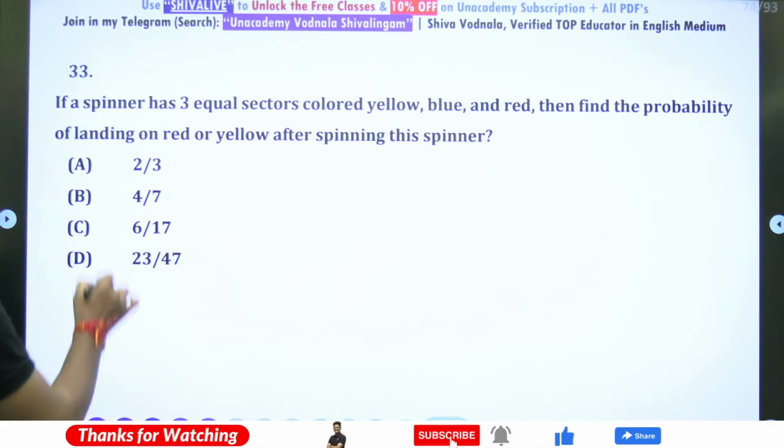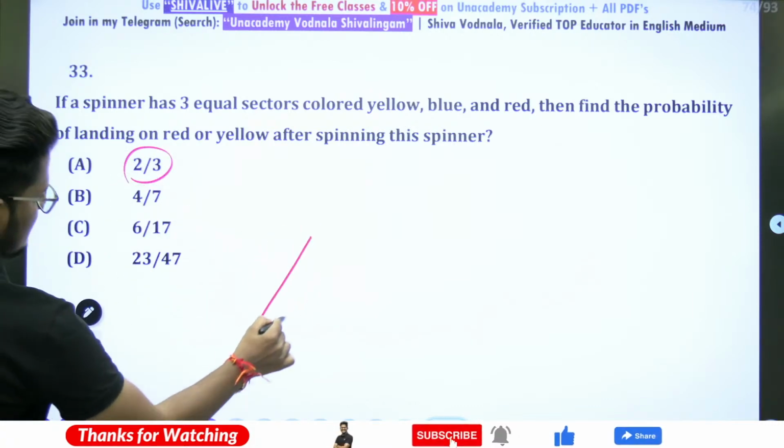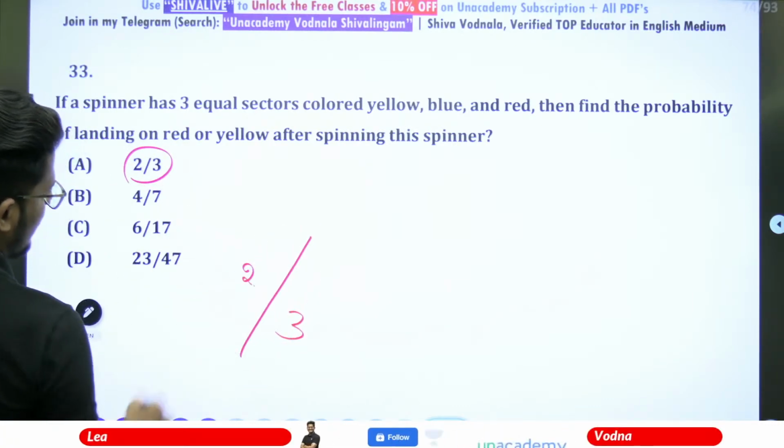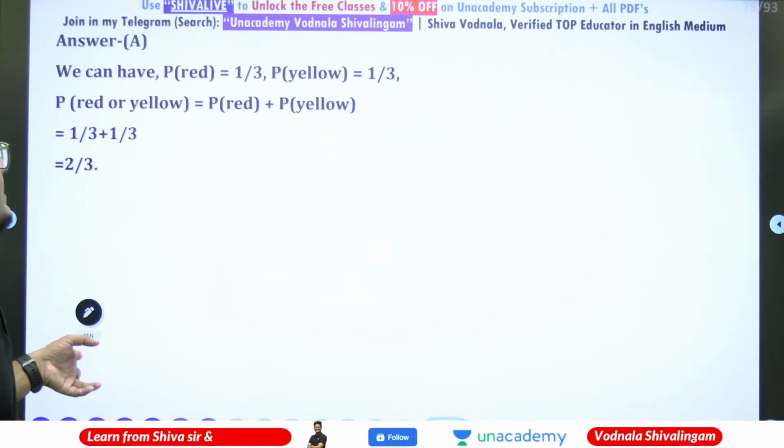Option A is the given answer, 2 by 3. Out of the 3 chances, 2, either yellow or red, will be 2. That is 2 by 3 is the correct answer.